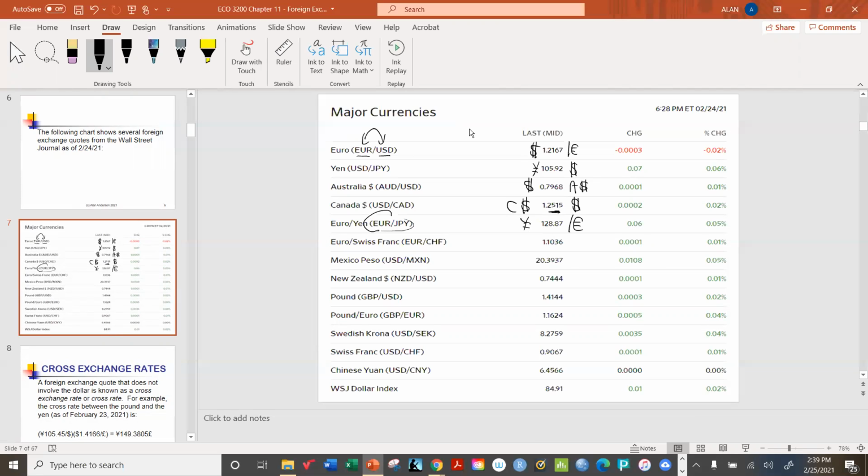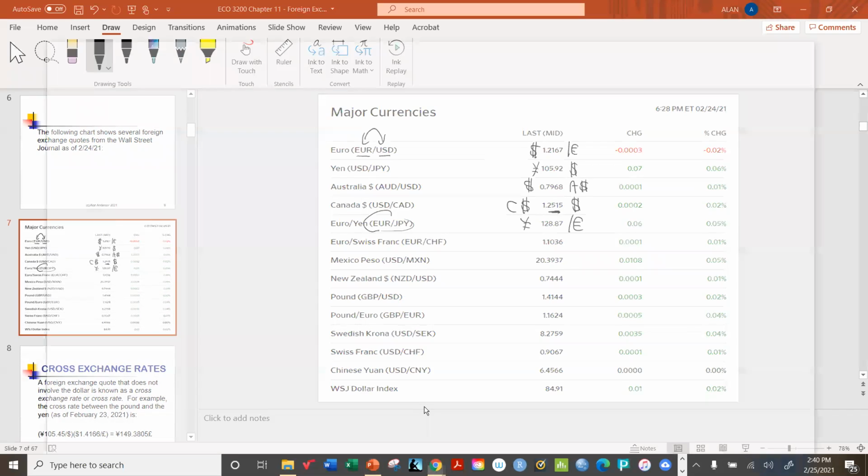Now, here's an interesting case. CHF. You look at this and say, oh my God, what does that stand for? And it turns out that this actually is shorthand for the Swiss franc. So you're probably saying to yourself right about now, why in the world would they use CHF to stand for Swiss franc? Well, I'll tell you why.